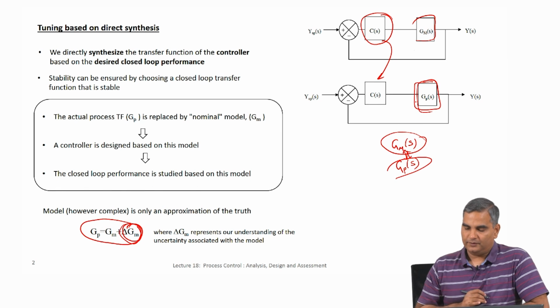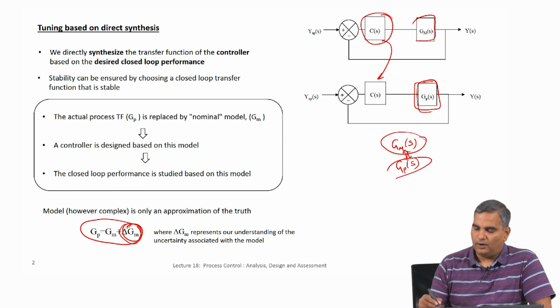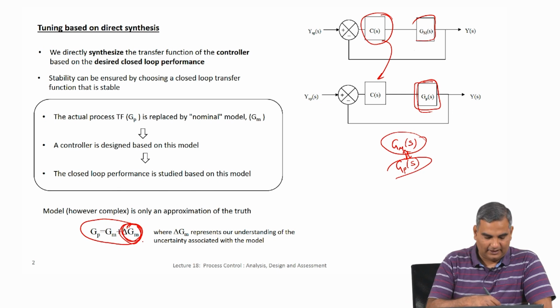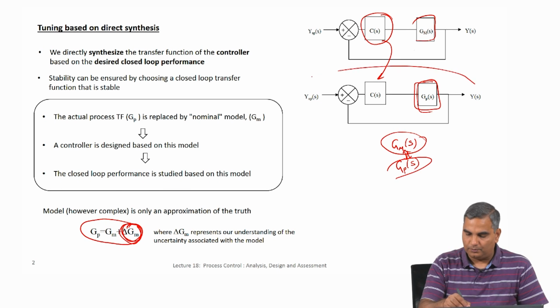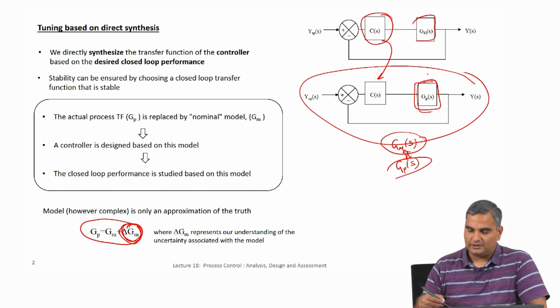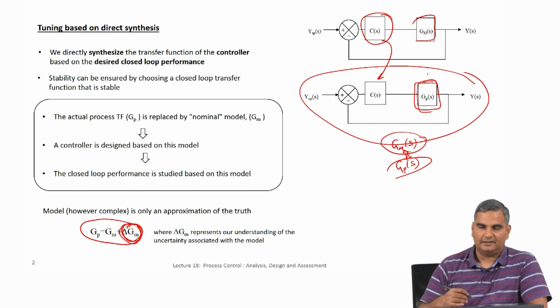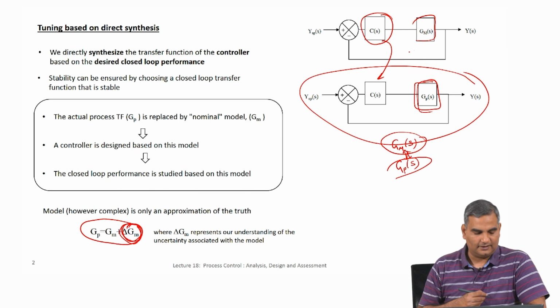Simulation-wise, if you want to design a controller based on a model and then see how it will do in a real situation, you could assume GP is GM plus delta GM, take different forms for delta GM, and keep the controller the same. Then you can answer questions like: even if the process is different from the model by this delta GM, and I can use different delta GMs, how well would this controller, which was designed based on the model, still do? That kind of study you can easily do. So, that is something to keep in mind.